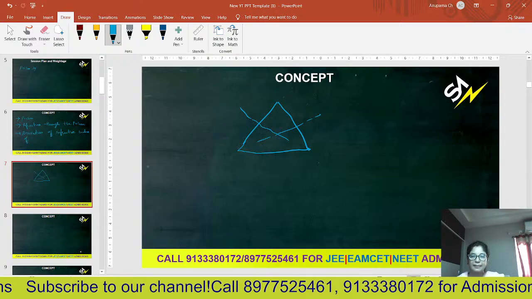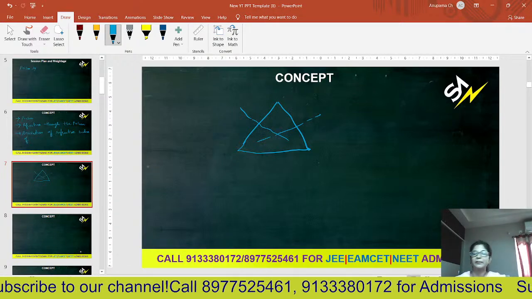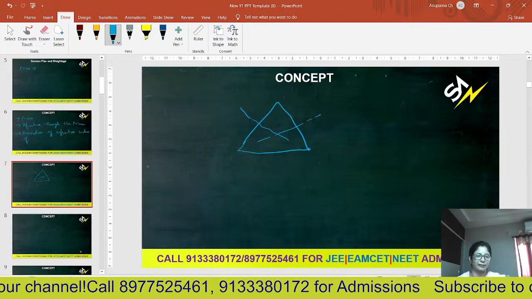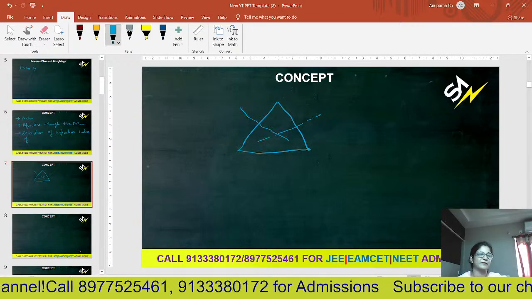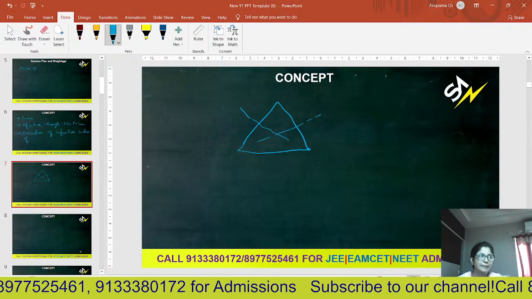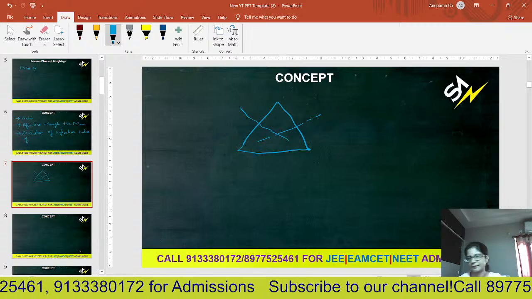The normal, isn't it? What is the use of the normal? The normal is nothing but the imaginary line which is 90 degrees to the surface. Its use is that we will get exact values of i's and r's, right?